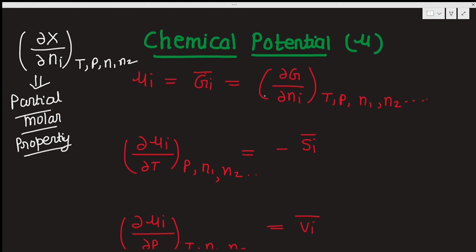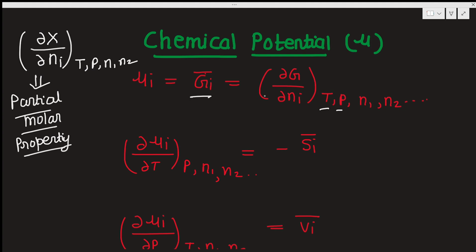So similarly, if you find out Gi bar, this is called partial molar free energy, and it is given by del G upon del Ni at constant temperature, pressure and number of moles of the other components. Means if you are seeing the third component, then number of moles of first, second and fourth etc. are kept constant, and we are differentiating with respect to one of the components.